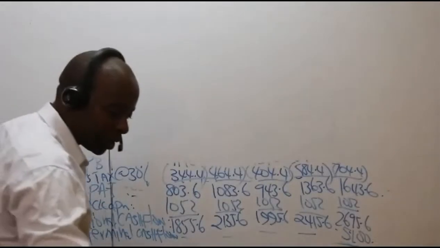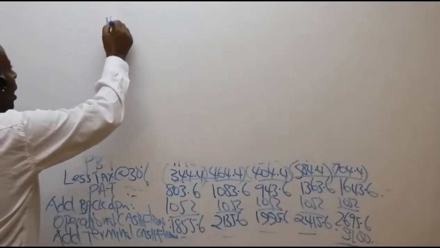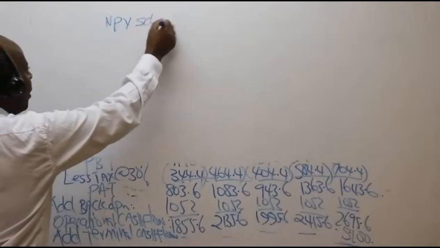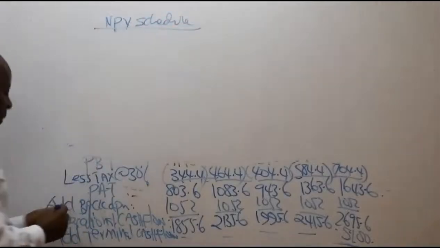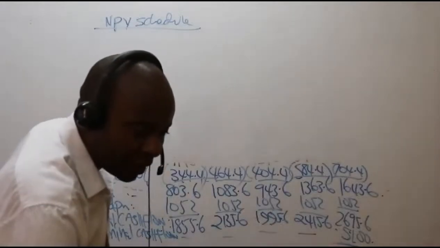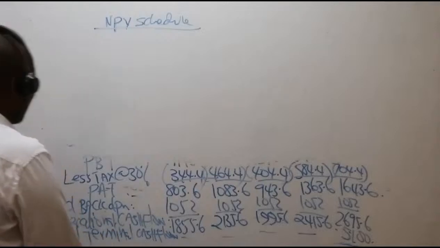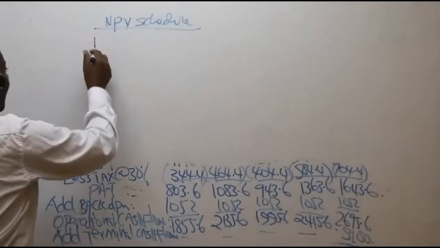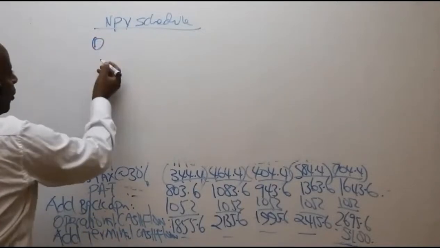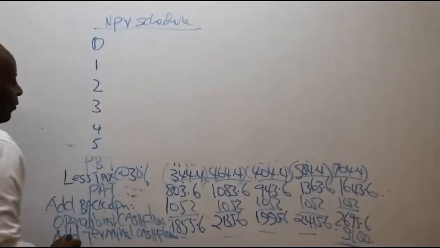Thank you very much. So in this case, ladies and gentlemen, now we have our net present value schedule. What do I have here? I have year 0, year 1, year 2, year 3, year 4, year 5.